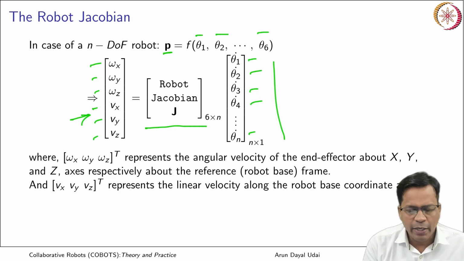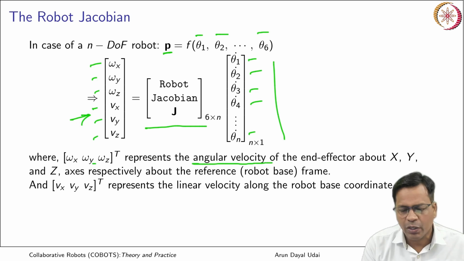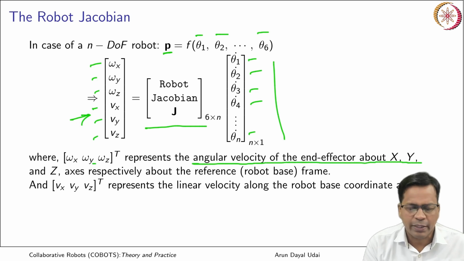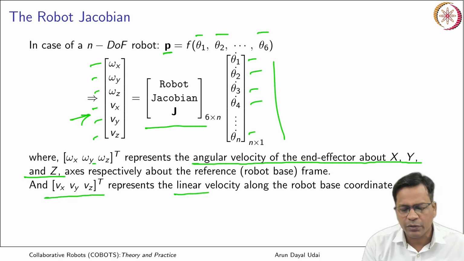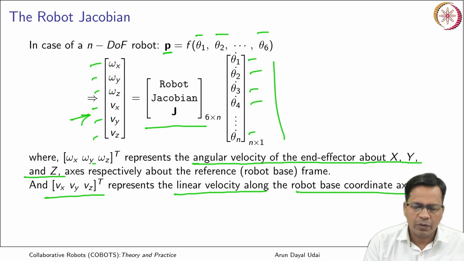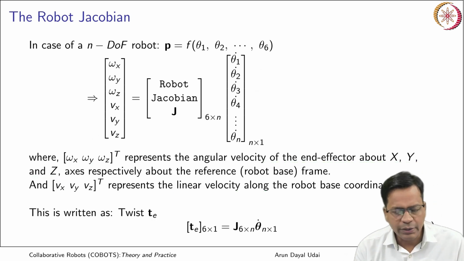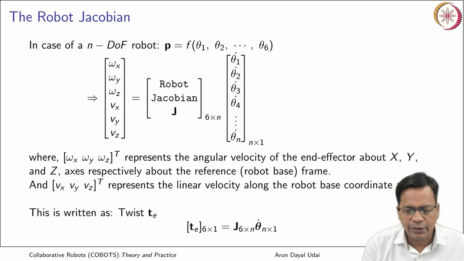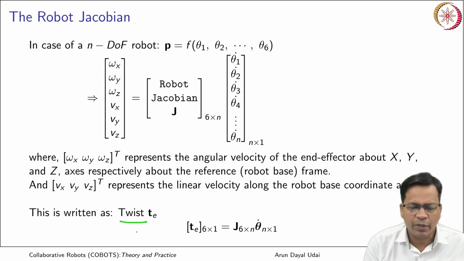Here omega x, omega y, omega z represent the angular velocity of the end effector about the x, y and z axes of the reference frame of the robot, and Vx, Vy, Vz are the linear velocities along the robot base coordinate axes. This is written as the twist, a column vector of these.